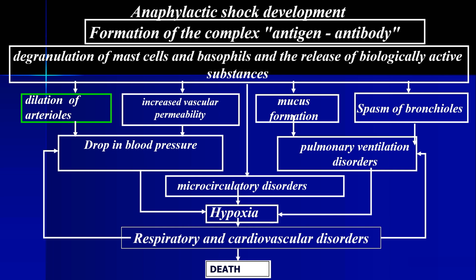In anaphylactic shock, the antigen-antibody complex is formed, and this complex is absorbed on the mast cells and basophils, which release biologically active elements or mediators that influence the vessels and other organs and systems and form disorders: dilation of arterioles, increased vascular permeability, lowered mucous formation, spasm of the bronchi, a drop in blood pressure, and pulmonary ventilation disorders.